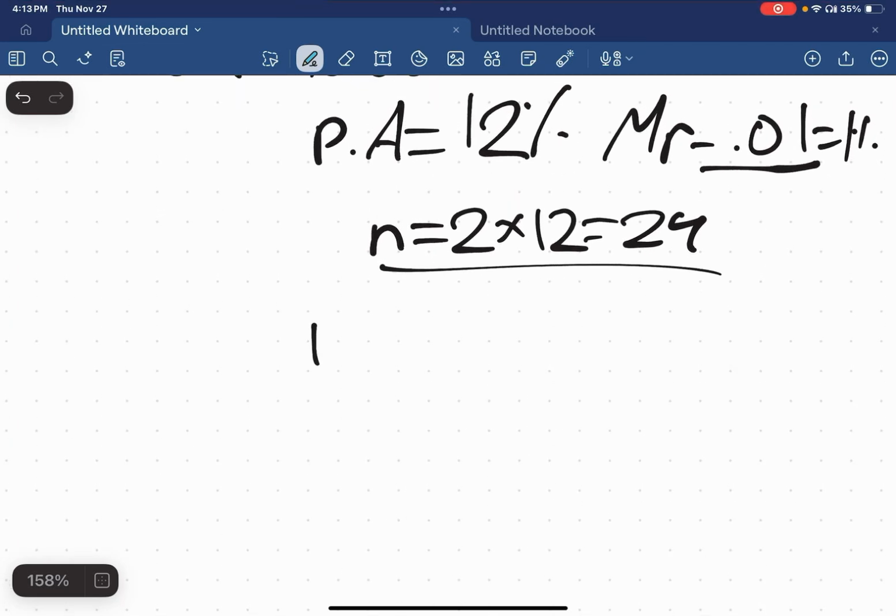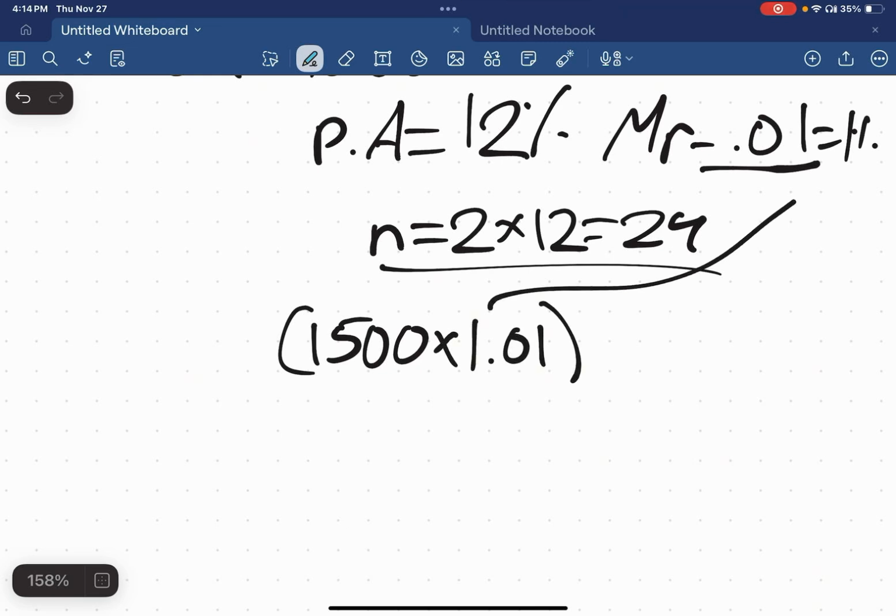That means the amount due after 1 month is going to be equal to 1,500 times 1.01, remember, 1% interest a month, minus x, which is just however much he's paid off. We don't know that yet.